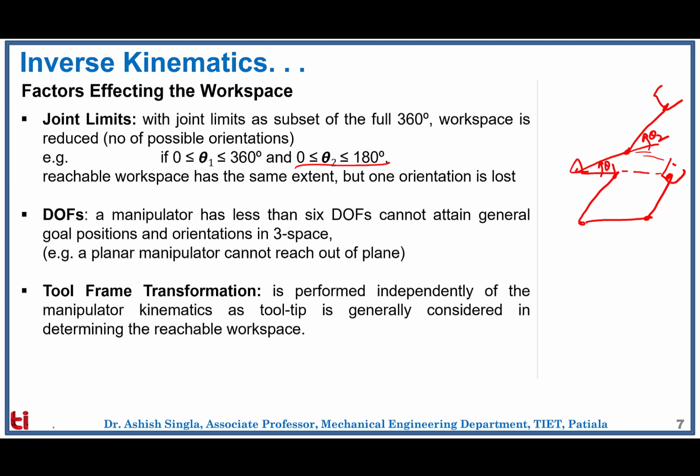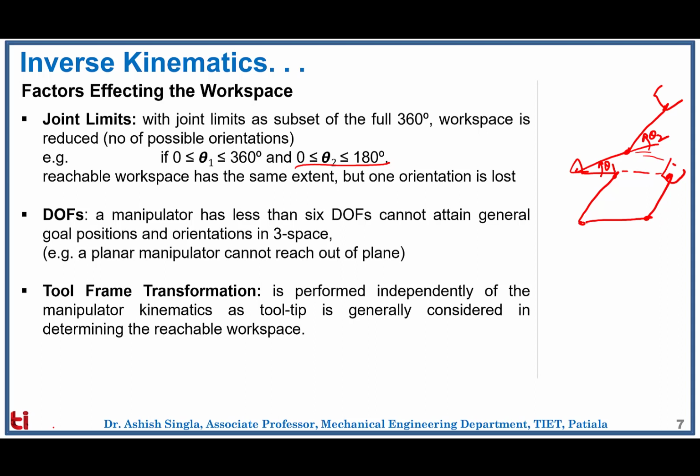Next is the tool frame transformation. In the last session on forward kinematics, we saw that the typical forward kinematics ends at the wrist configuration, whereas a robot can hold different kinds of tools with different lengths.